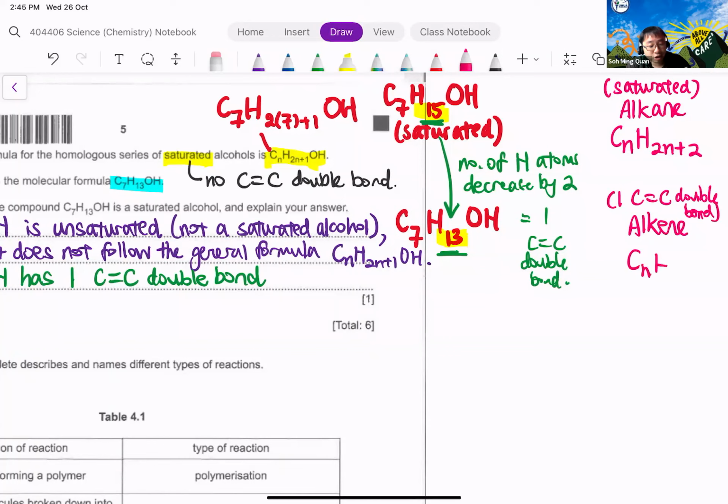CnH2n. So let's look at the H. Doesn't it differ by 2? So it decreases by 2. You will have 1 double bond. So this is a pattern that you learn.